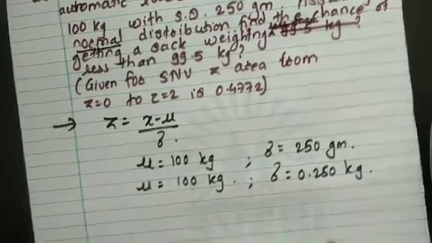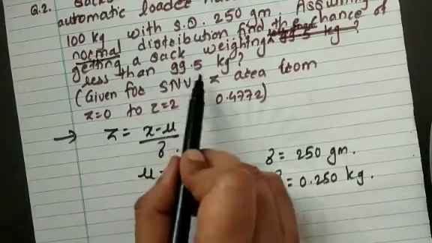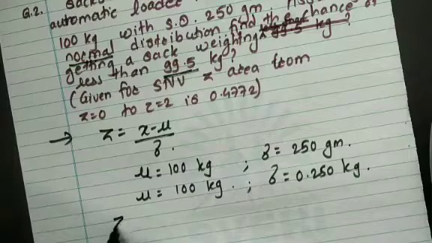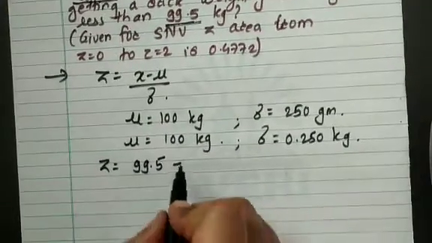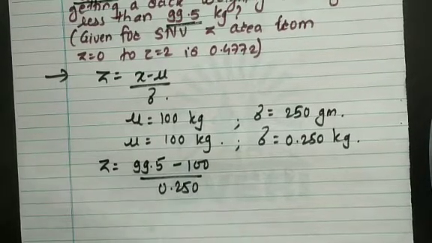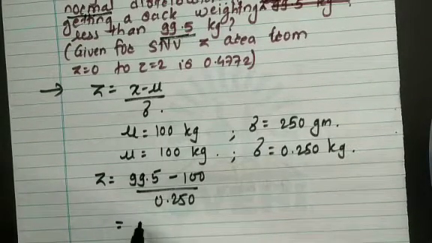Both are in kilograms now. Okay, then your question is less than 99.5. So 99.5 is your x now. So z is 99.5 minus mu 100 upon 0.250 and which is equal to -2.